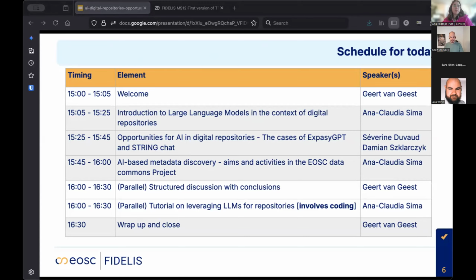And then of course we go on to the parallel session. So you can choose yourself which one you'd like to join. You either join the discussion or you join the tutorial on leveraging LLMs for repositories. Note that that involves coding.